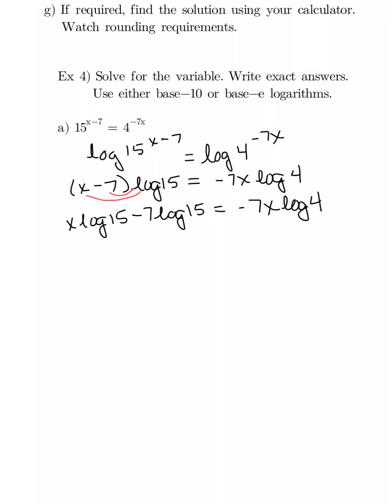The next thing that we need to do is get all the terms that have x's on one side and all the terms that don't have x's on the other side. I'm choosing to have my x's on the left, so I'm going to add my 7x log of 4 on both sides.